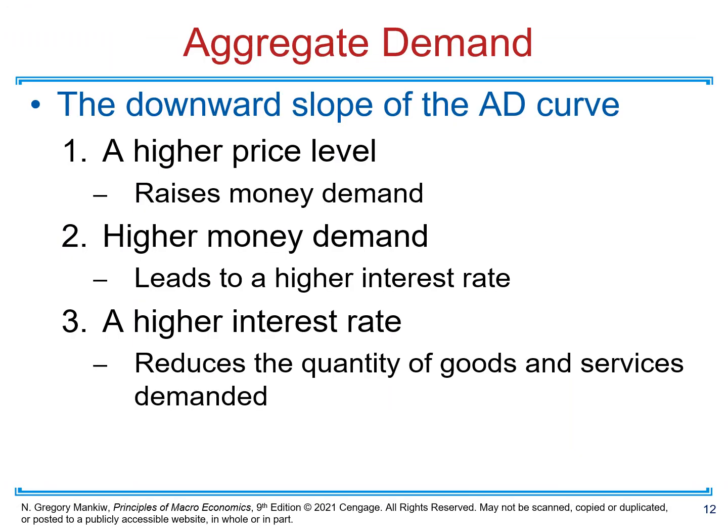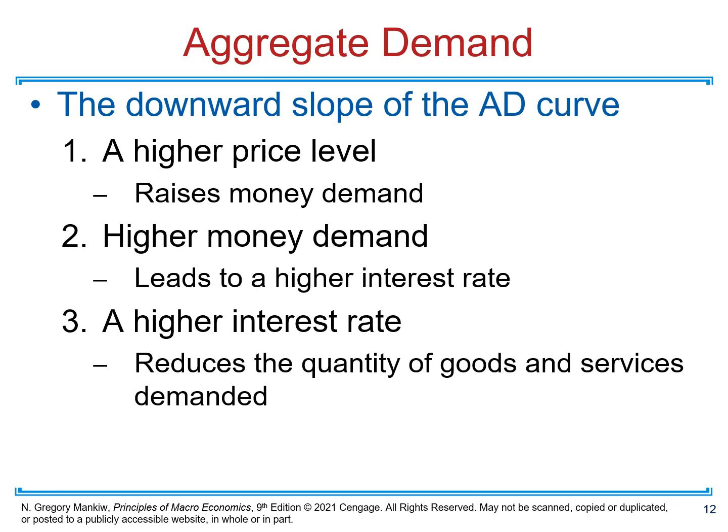All right, so our aggregate demand curve is downward sloping. That means whenever there's a high price level, so when everything's getting more expensive, our consumers need more money to buy the same amount of goods and services. So we're going to see a higher money demand.